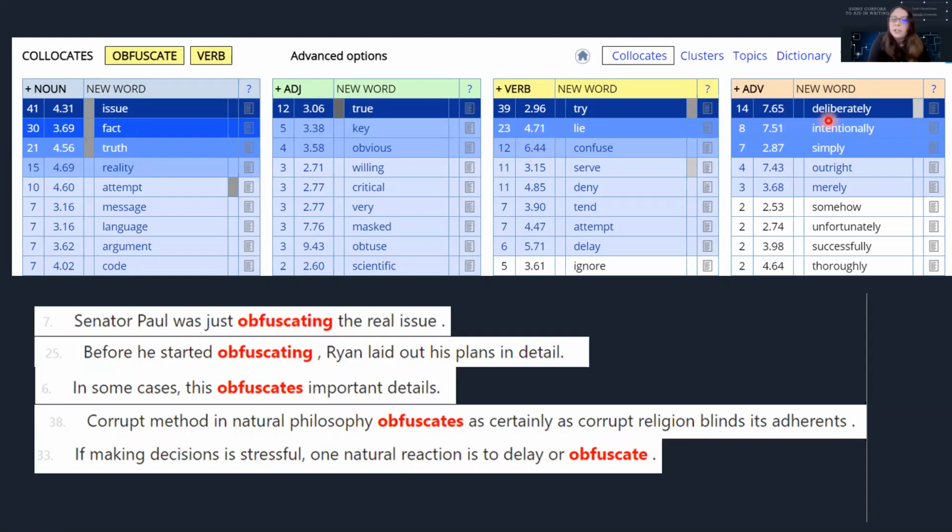We have deliberately, intentionally. So deliberately and intentionally is going to tell us that whoever is doing the obfuscating, it's going to be done on purpose, right? So probably we can say that they're purposely lying, or maybe they're hiding the truth.